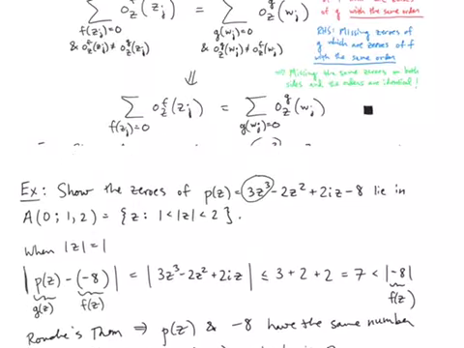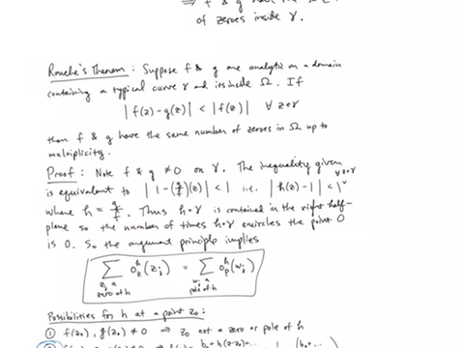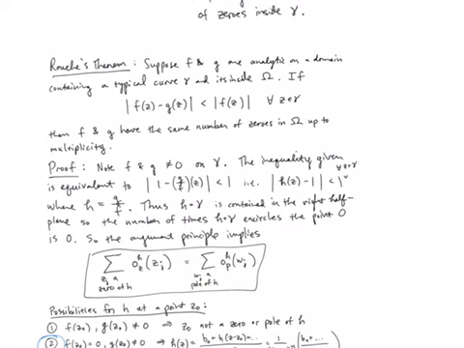And one more thing I want to point out about Rouche's theorem is that, in fact, you can change this minus to a plus if you want. So, in fact, this works for plus and minus. We gave the proof for minus, but for the plus version, you can look at f of z plus g of z as the same thing as f of z minus negative g of z.